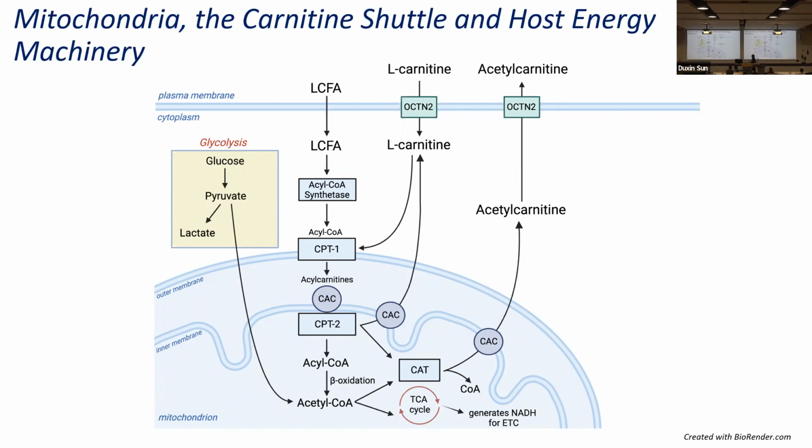It's required to shuttle long-chain fatty acids into the mitochondria, which through a series of enzymatic steps end up with the production of acetyl-CoA. Acetyl-CoA is required for the TCA or Krebs cycle, if you learned it that way, and ultimate generation of NADH for the electron transport chain.